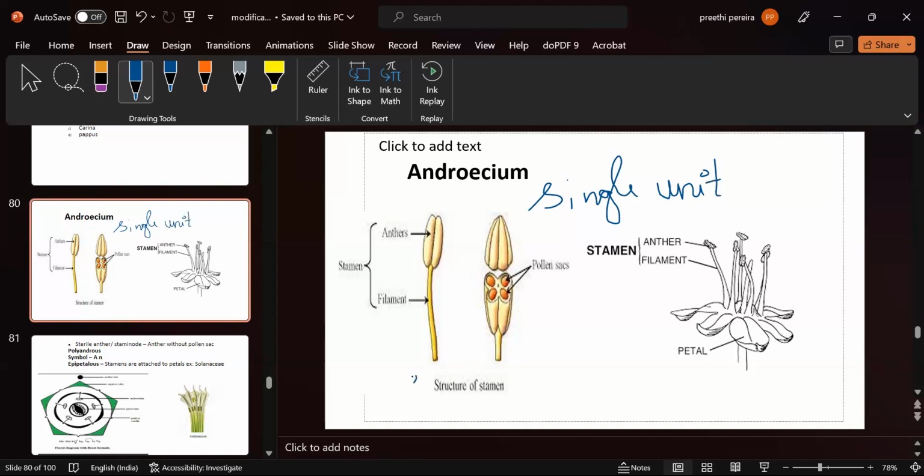So this is a stamen, a single unit. The group is known as androecium. Single is known as stamen. A group of stamens is known as androecium.